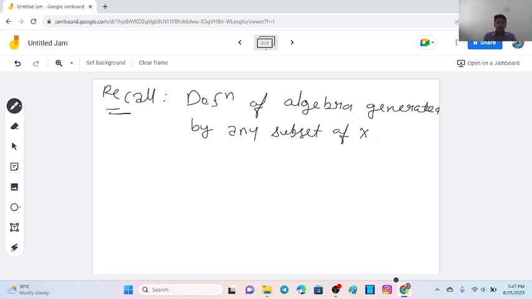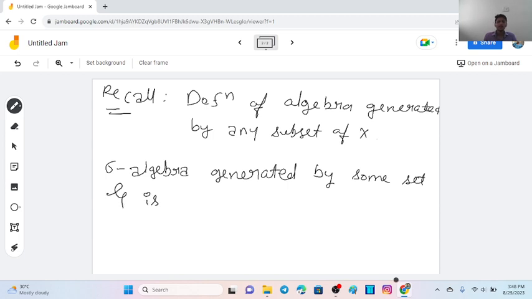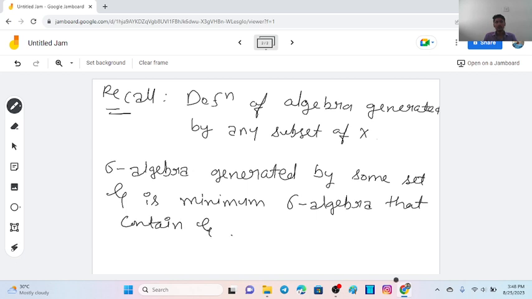So same here, the sigma algebra generated by some set C is the minimum sigma algebra that contains C.